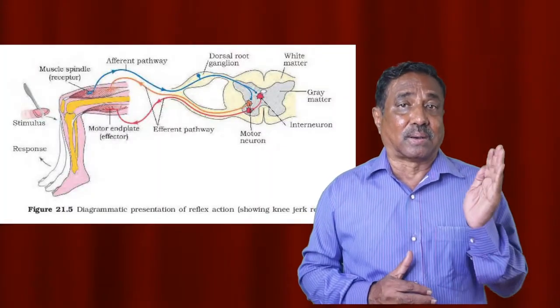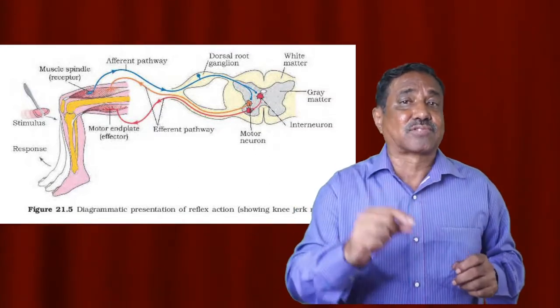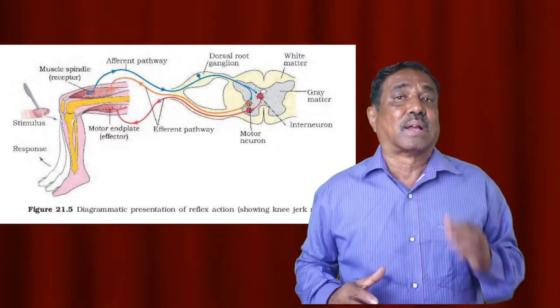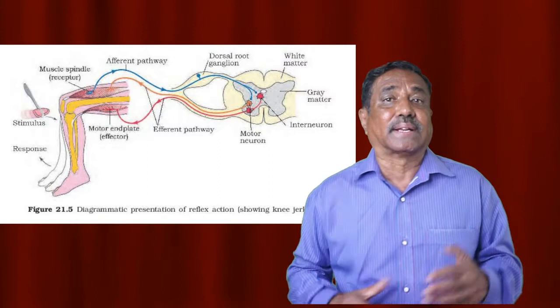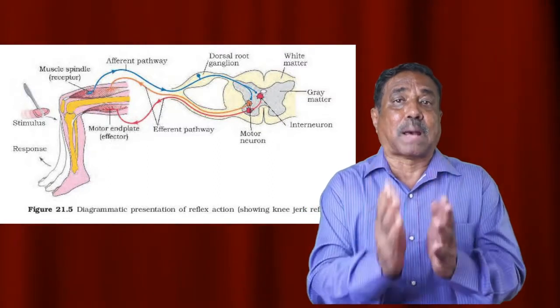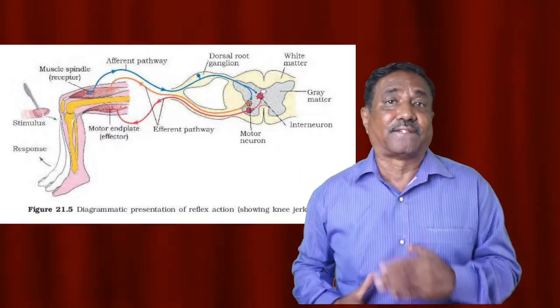It involves nerves like sensory nerve, motor nerve, that is the conductors, and effectors, which are the chief parts associated with this kind of reflex arc.